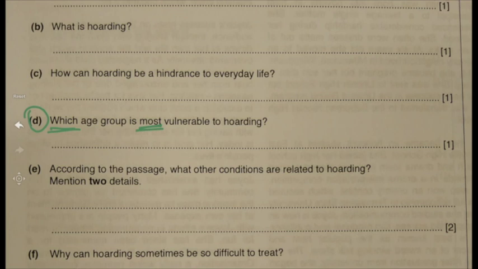I want us to try and identify the answer again and pay attention, especially to how you can be easily misled as far as the information given is concerned, because it is easy to identify a different age group as the right answer, yet it's not, simply because you have ignored some of the important details in the questioning, especially the part that I highlighted, which asks for the group which is most vulnerable to hoarding.